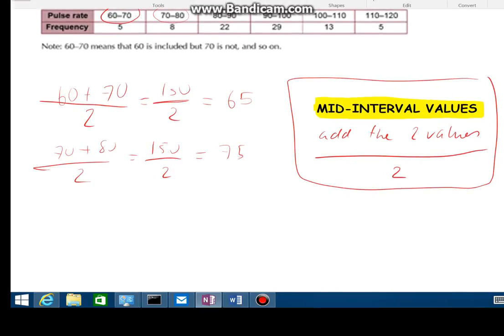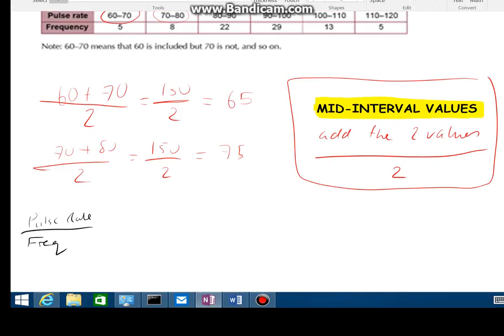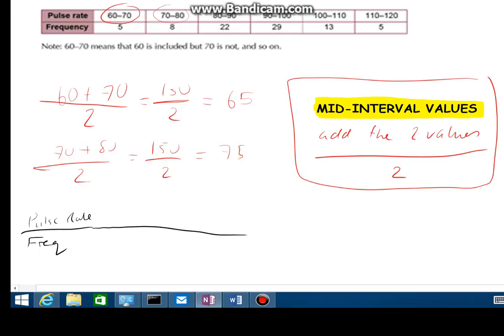So if I can get a black pen here. Right, so our pulse rate over frequency. Our first value is now going to be 65 in here, and the frequency of the 65 stays the same as 5.